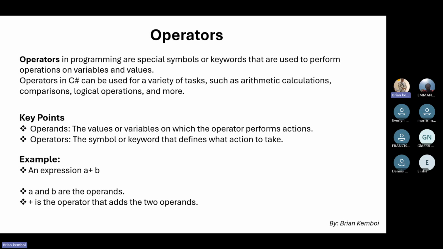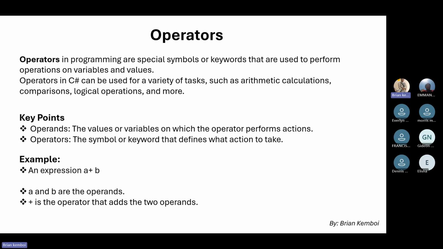Operators in C# can be used in a variety of tasks, such as arithmetic calculations, comparisons, logical operations, and more. Some key points: a new student may be asked what's an operand and what's an operator.